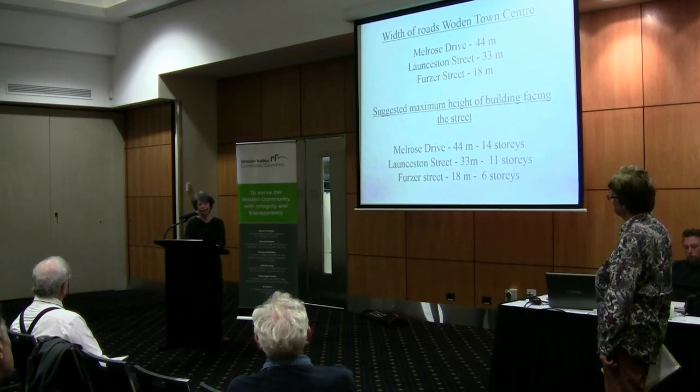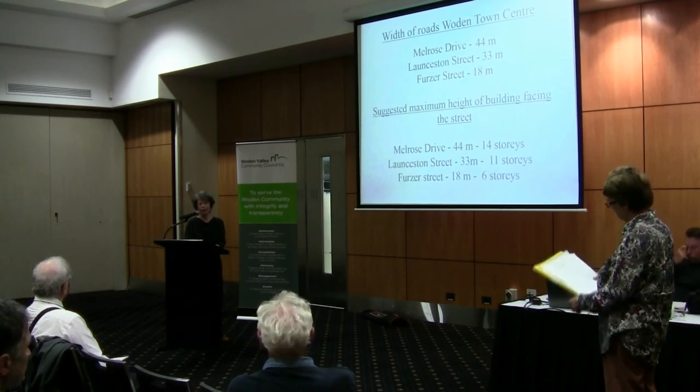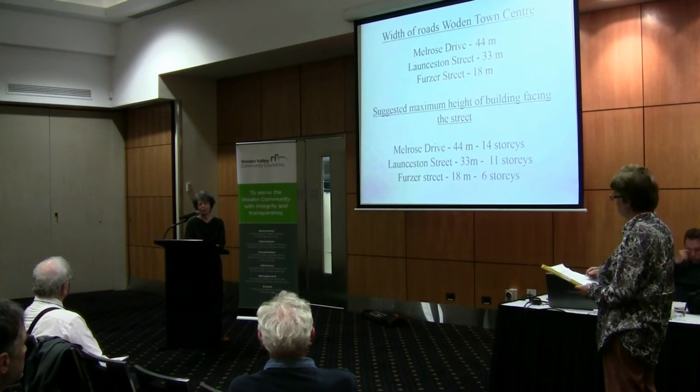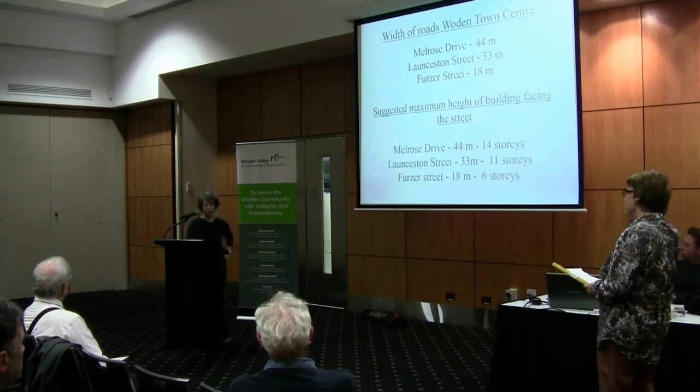Up to that height, there are quantitative measures for these buildings in relation to how they relate to each other. After that height, there is nothing. And that is because when they wrote the territory plan, they never thought about heights bigger than that. And that's where it's left now.